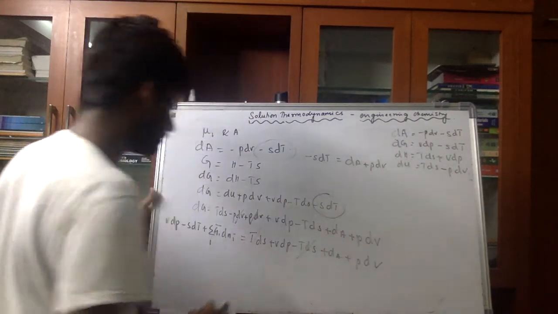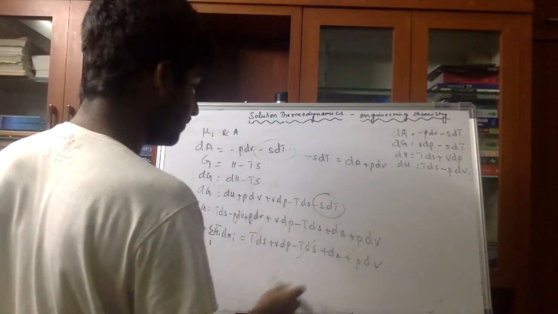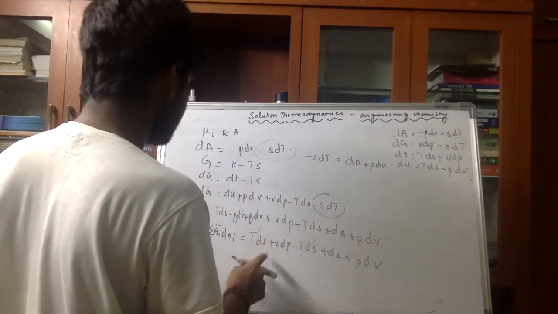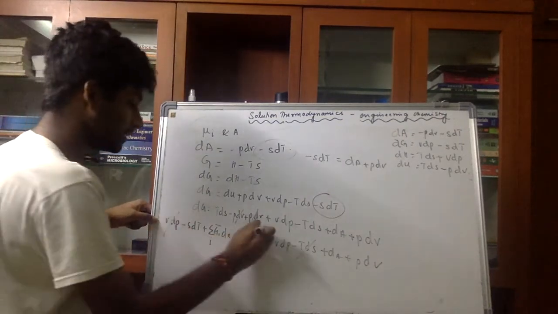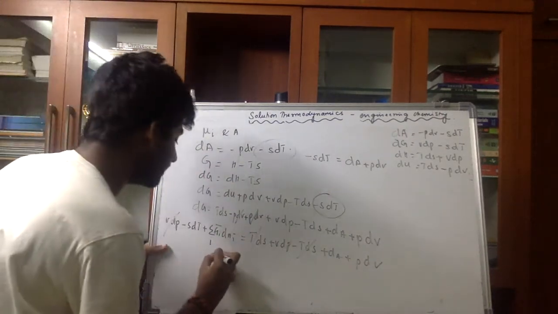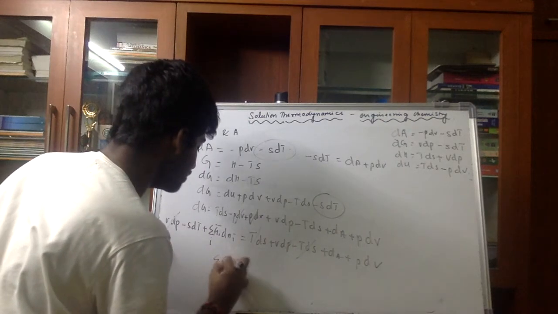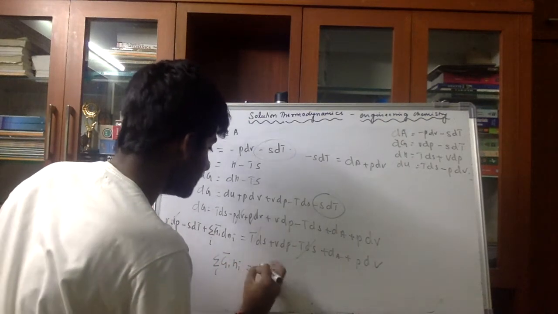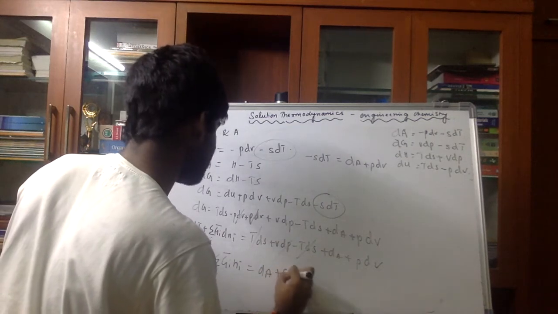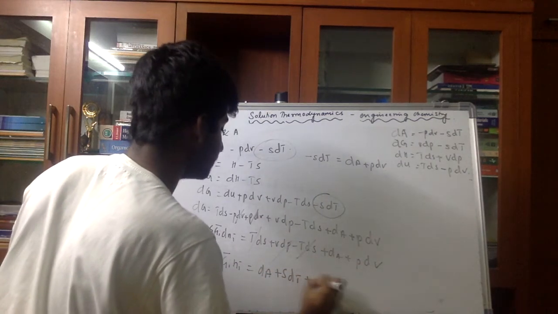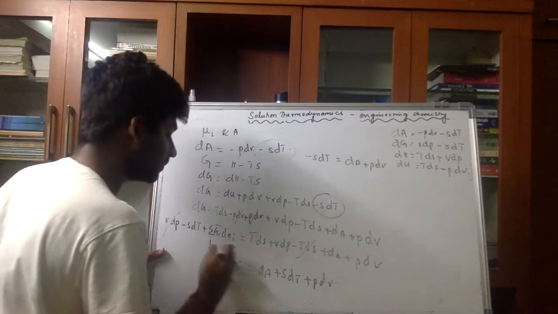Minus TdS plus TdS will get cancelled, and then you'll be left with dA, PdV, and then VdP. But then here again you have one more VdP here. Okay, cancel this out as well. So you will be left with sigma I gi bar dni equal to dA plus SdT plus PdV.